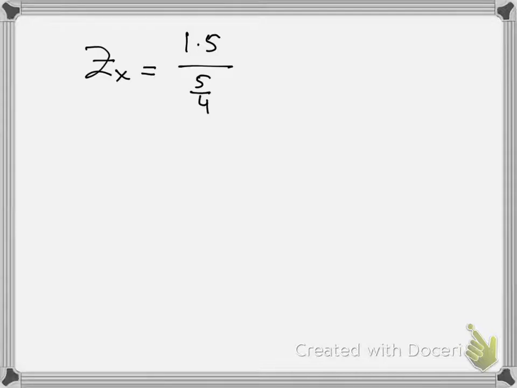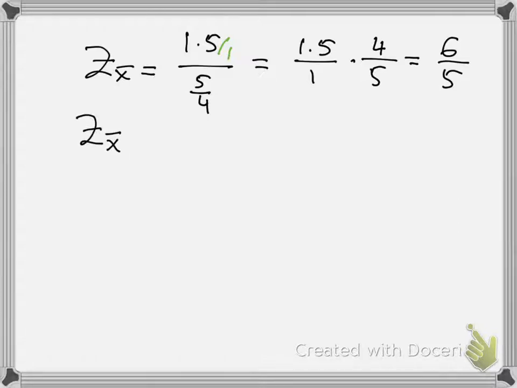Be careful guys, this is division of fractions, and when you divide fractions, we need to flip the fraction in the bottom. So that's 1.5 over 1 times 4 over 5, which is 6 over 5. So the test statistic Z x bar is equal to 1.2.